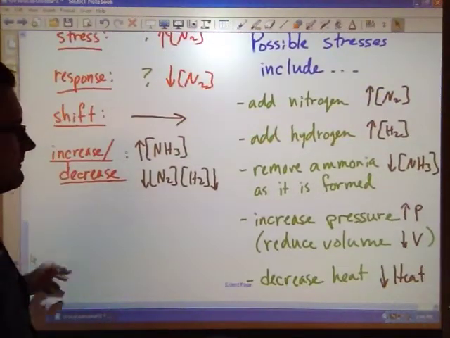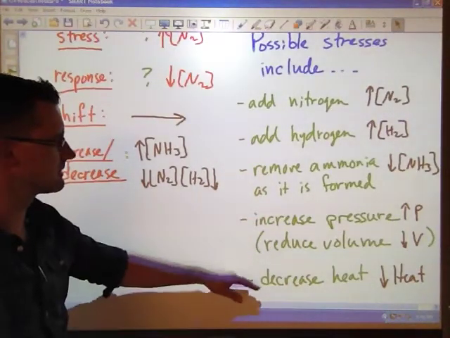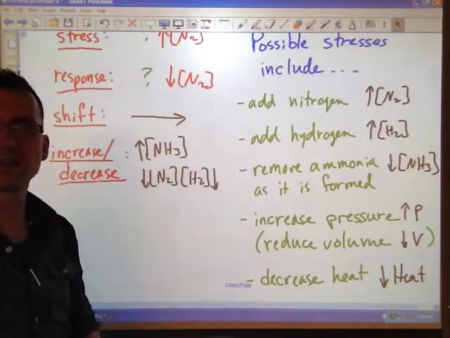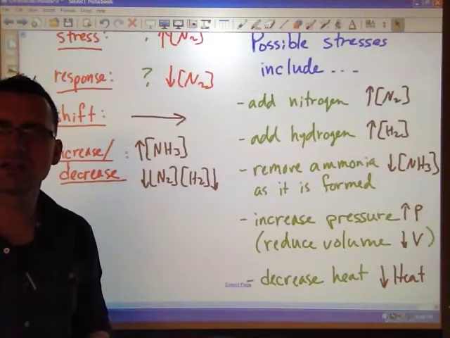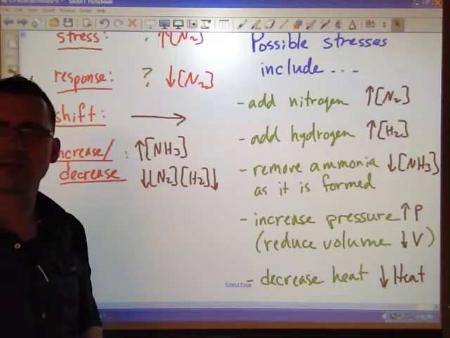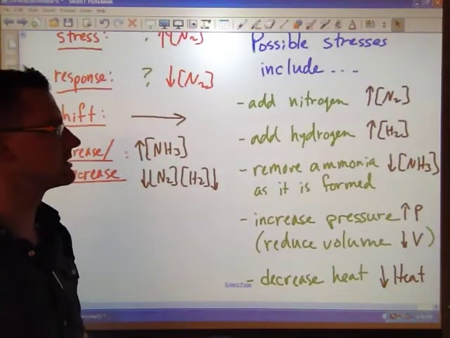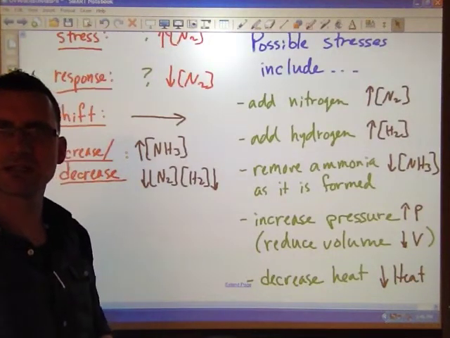So let's see, there's about 5 different things. These are kind of the same one, the pressure, volume one. So 1, 2, 3, 4, 5. 5 different things you could do in combination with each other. They'd be working with each other if you did all of them, and that would cause more ammonia to be formed. So that's a little industrial application dealing with Le Chatelier's principle, stresses and how those stresses are relieved.